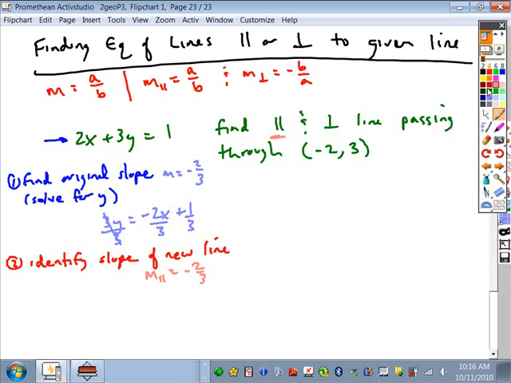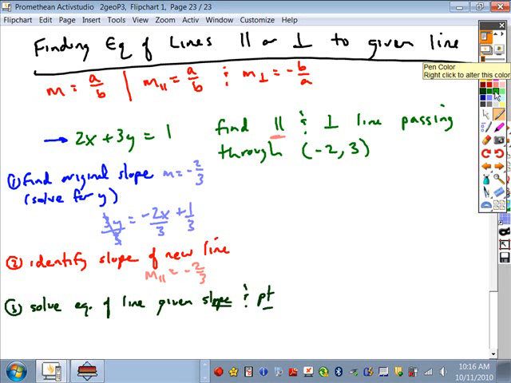Okay, and then our final step here is to solve the equation of a line given our slope and a point that it passes through. And so we can either use point-slope form or slope-intercept form. Again, most of you are probably more comfortable with slope-intercept.